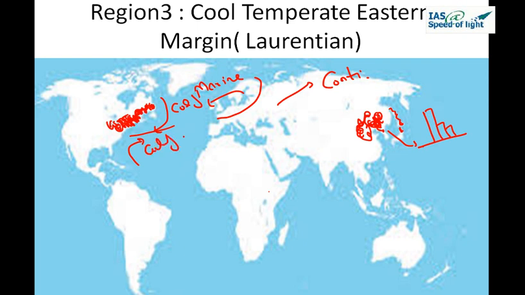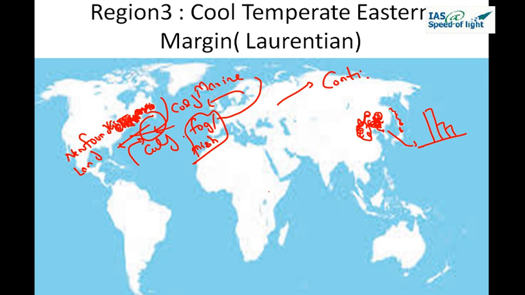Now the mixing of these cold and warm ocean currents happens at a place known as Newfoundland. So when the mixing of this cold current and the warm current happens, it produces a lot of fog and mist, and it is also a very important center for fishing.